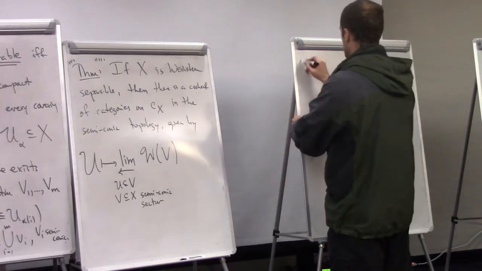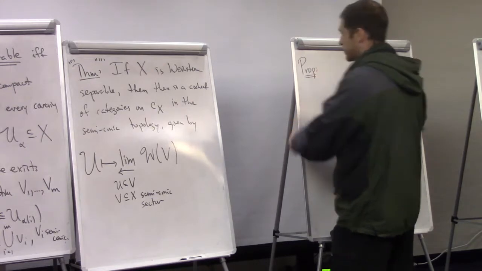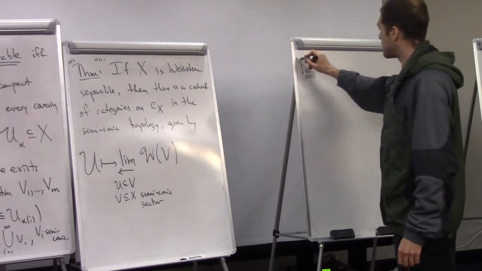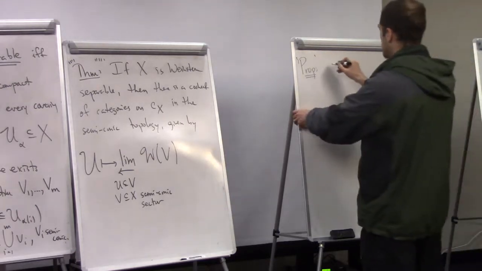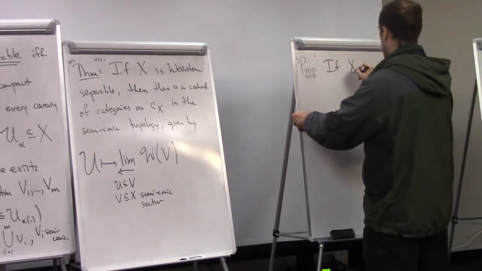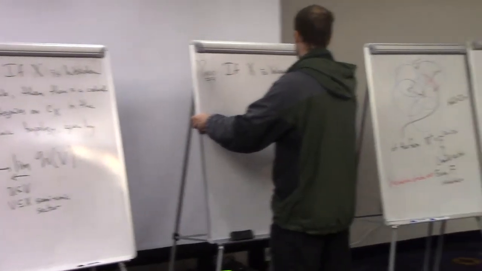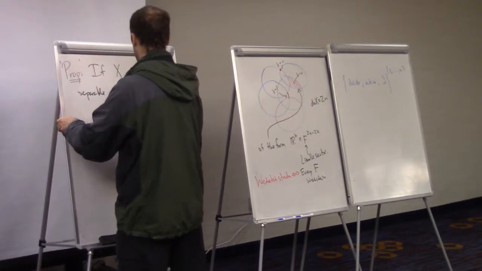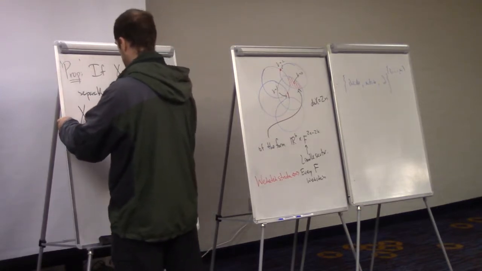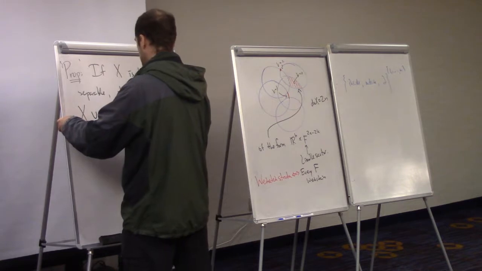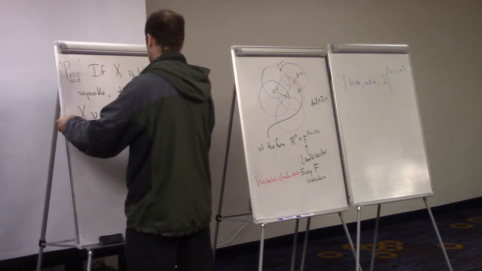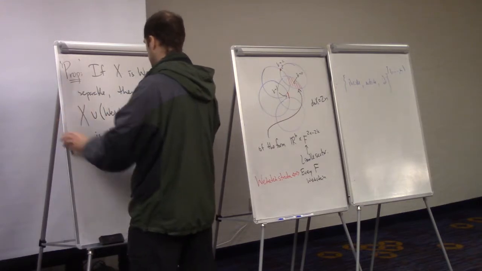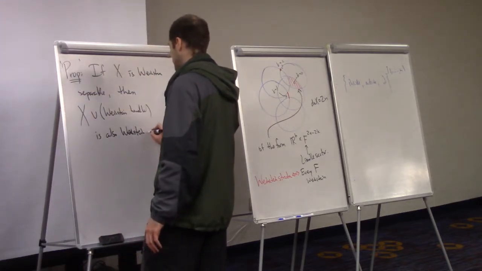Right, so we need, of course, to be able to produce some examples of this. Like this also has quotes: if X is Weinstein separable, then X union any Weinstein handle is also Weinstein separable.